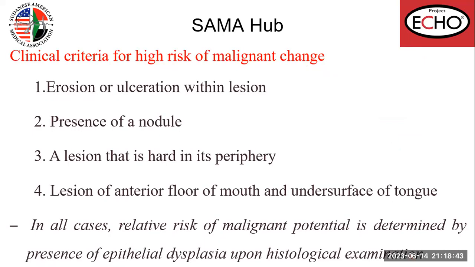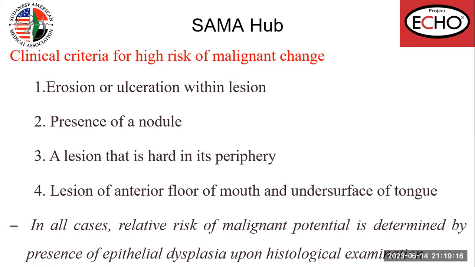So usually we look at specific clinical criteria for high risk of malignant changes. If we notice erosion or ulceration within the lesion, if we have a nodular type of leukoplakia, also a lesion that is hard in its periphery is very, very alarming. A lesion of the anterior floor of the mouth and the undersurface of the tongue is usually more prone to malignant transformation.